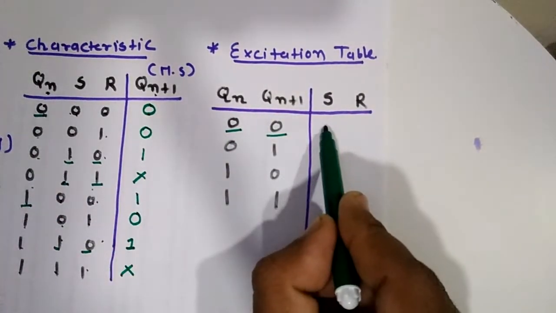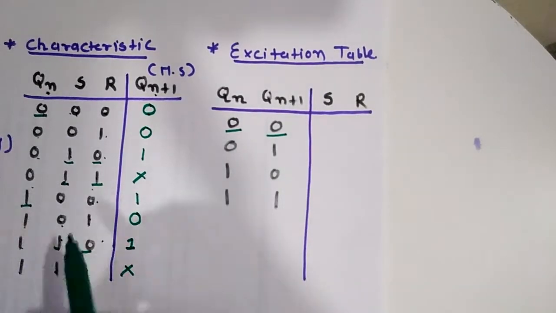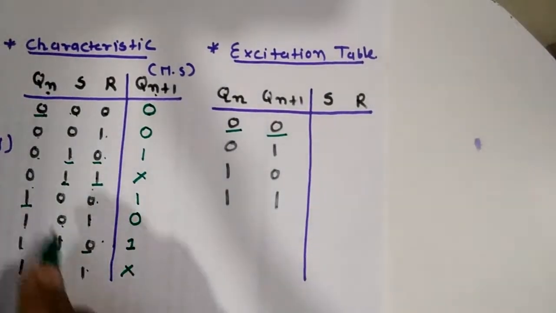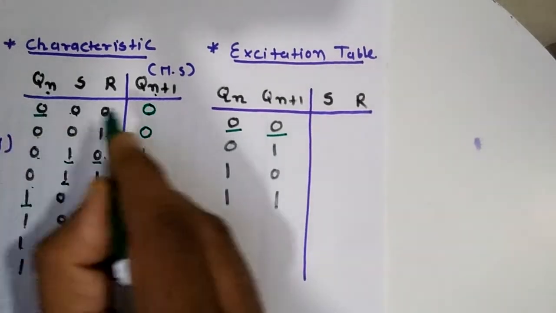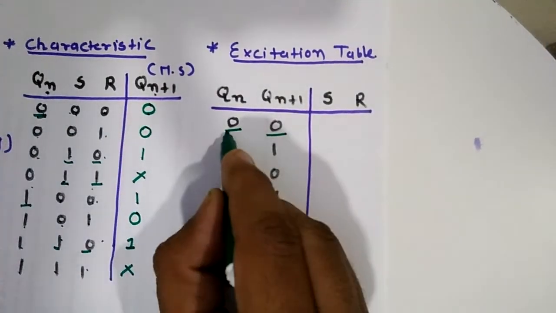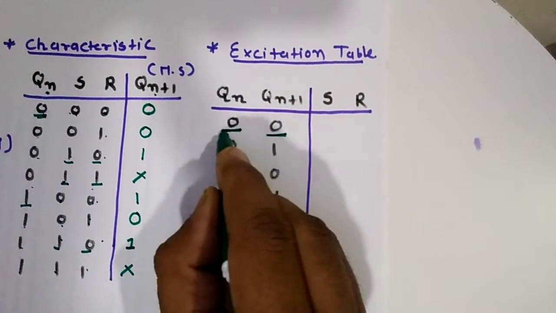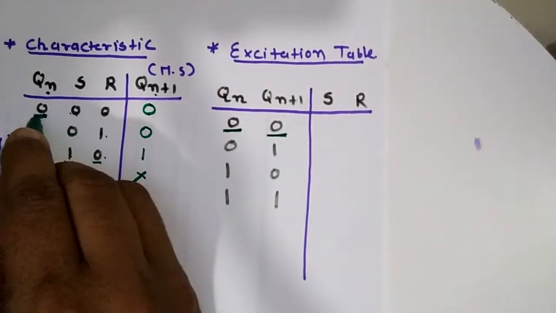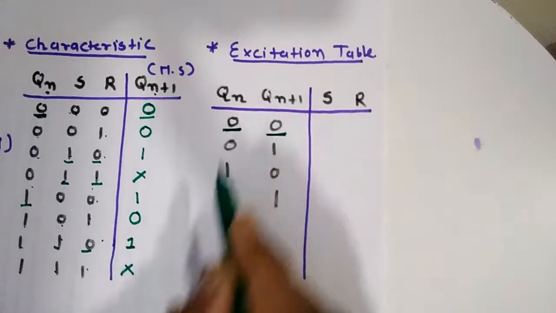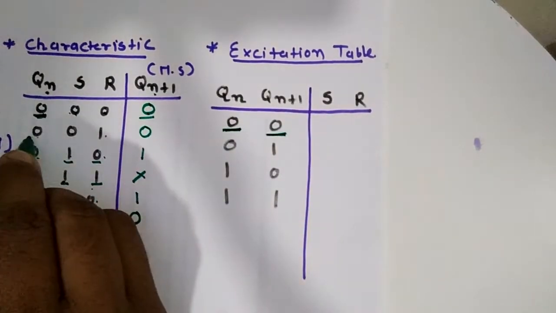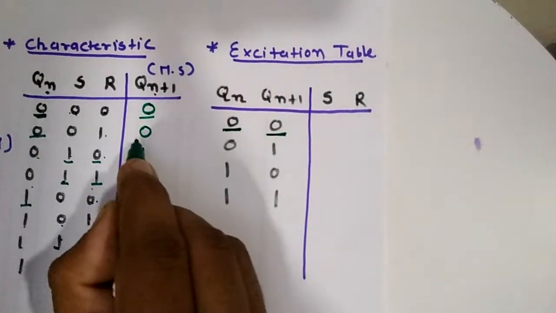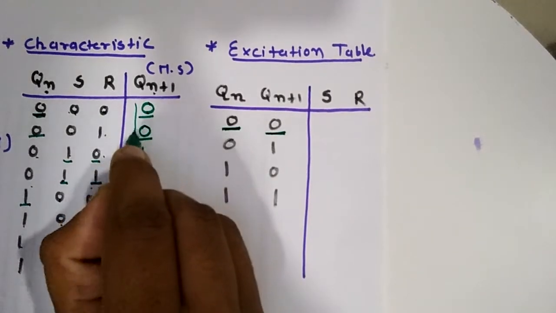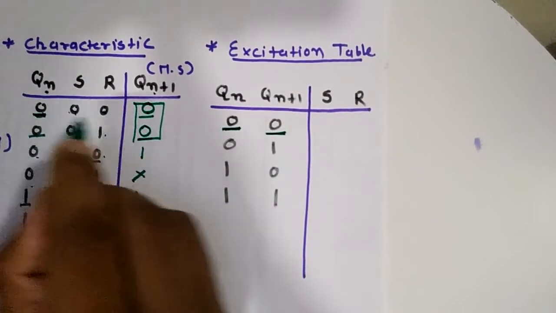So what is the input of SR flip-flop? Here, if Q of N is equal to 0 and Q of N plus 1 is equal to 0, this is one condition. Another condition is also Q of N equal to 0 and Q of N plus 1 equal to 0.